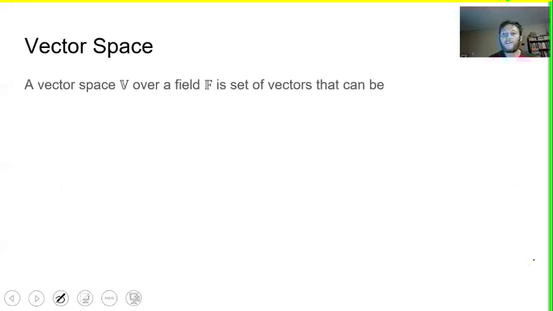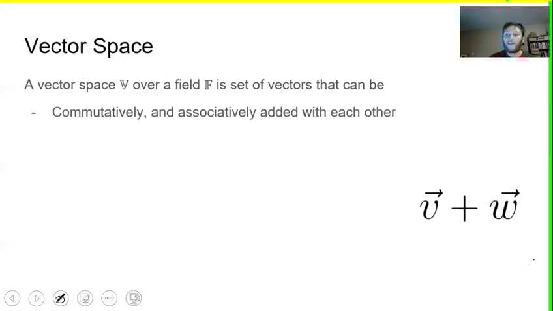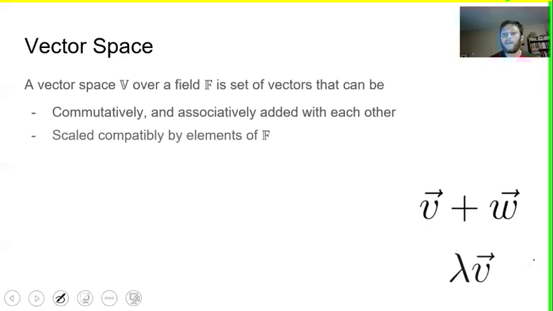So a vector space is the algebraic object that serves as the venue for pretty much everything in linear algebra, at least everything that you learn in a basic linear algebra class. And a vector space is a place where you can add vectors to one another and scalar multiply them by numbers in a field.